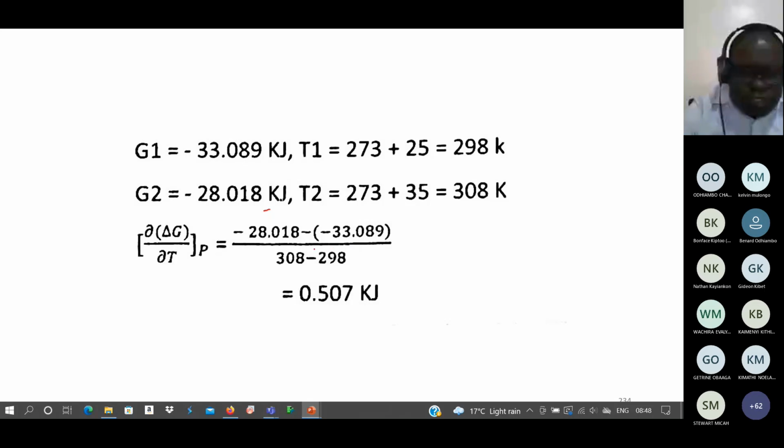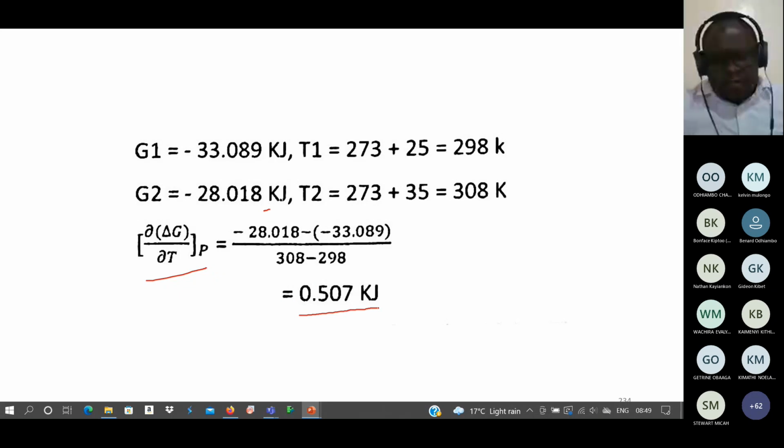I hope this one is clear from this expression here. So this is going to be given by 0.507 kilojoules.